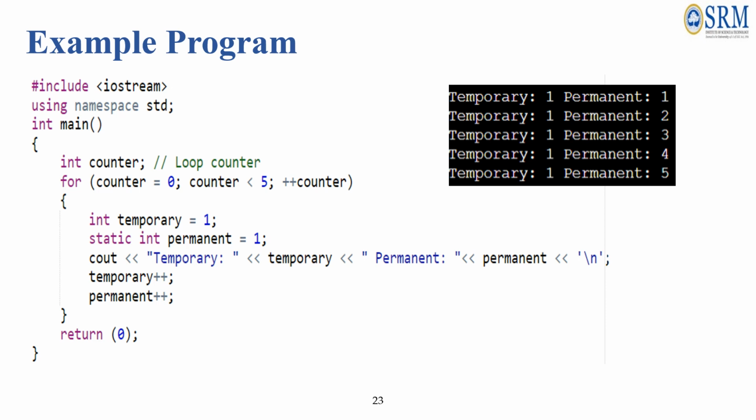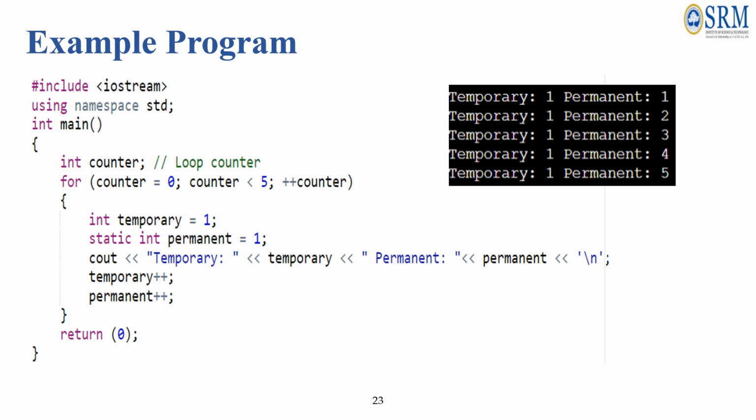Here is an example program to explain static and non-static variables. A static variable is a permanent variable and a non-static variable is a temporary variable. Inside a for loop, each and every time the compiler comes inside this loop, the variable temporary is initialized to 1 and permanent, which is a static variable, is also initialized to 1.